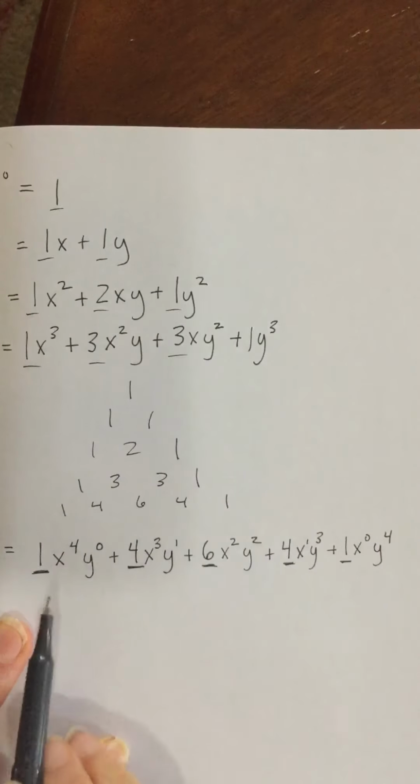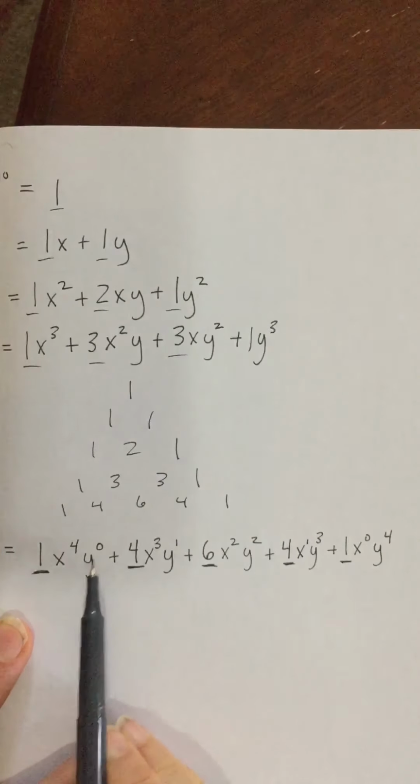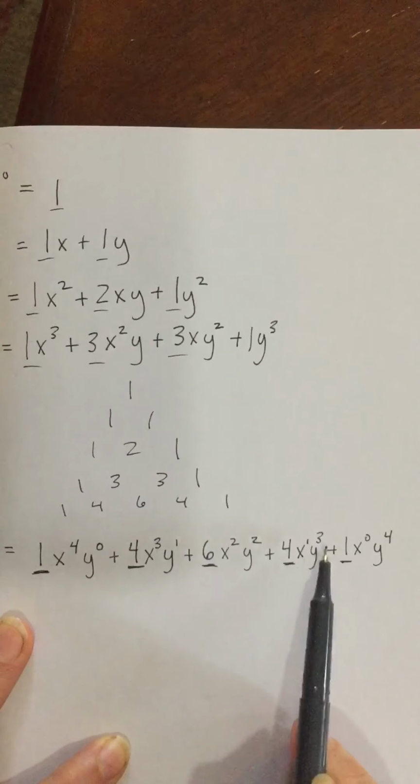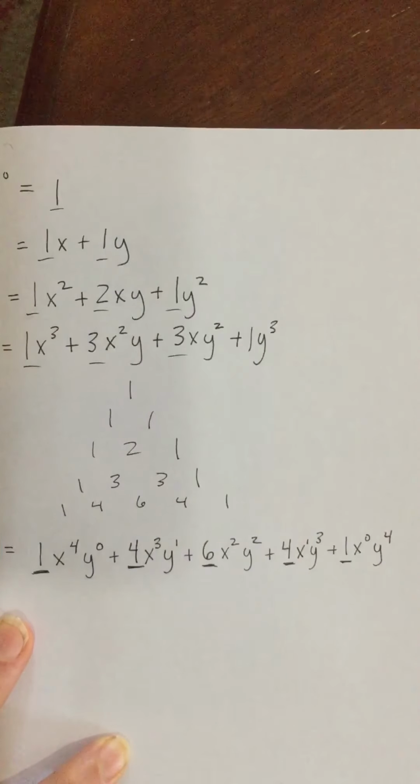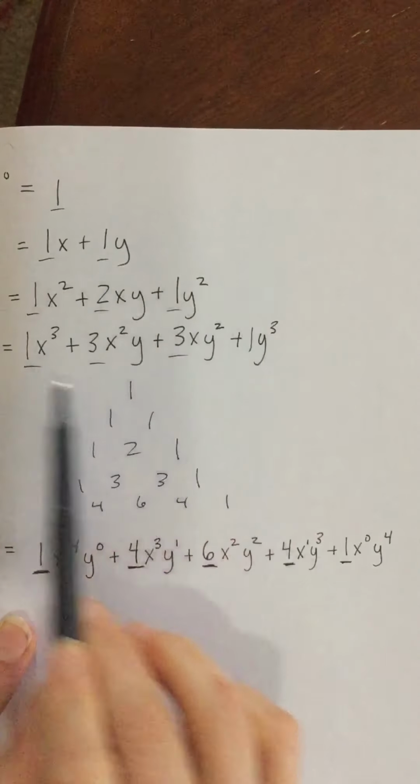At the same time, the powers on the y are going 0, 1, 2, 3, 4. So again, one starts at the highest value and counts down. The other starts at the lowest value of 0 and counts up. And hopefully what you could do, if you wanted to, is verify it: make a box and then multiply.